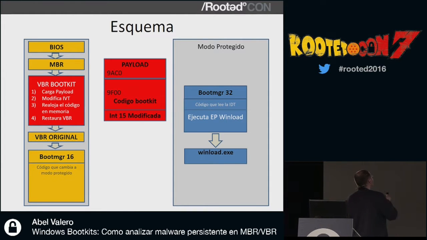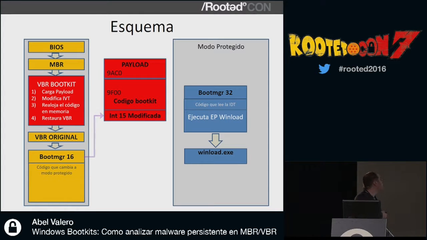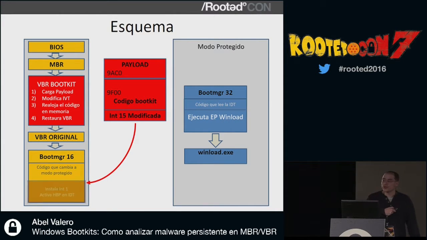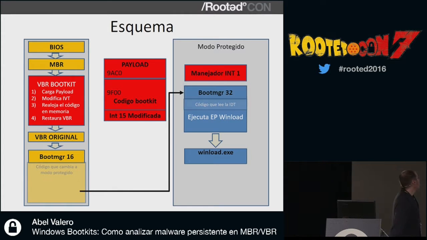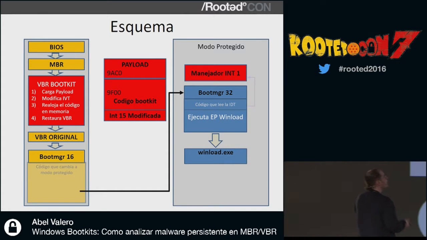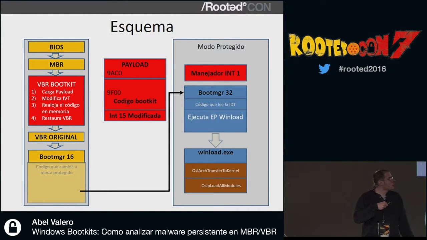The system starts with the BIOS, goes onto the MBR, goes into the VBR with the BootKit. The BootKit has a payload with modification of the IVT, memory code, VBR, original VBR, Boot Manager 16, changing to protected mode, then into the payload, handler of interrupt 1, Boot Manager 32, getting in, that calls interrupt 1, interrupt 1 changes all the code here, it runs the original code, but now we have a patch in WinLoad.